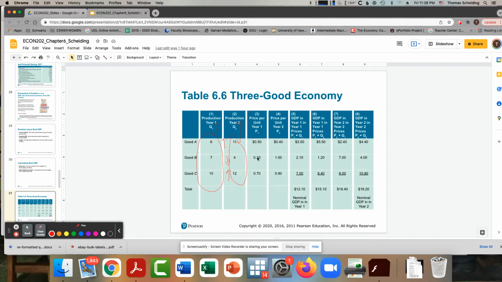And see the messiness of the prices? Here they're falling, here they're dramatically increasing, here they're increasing as well. And from a nominal GDP level, you see a pretty big change.